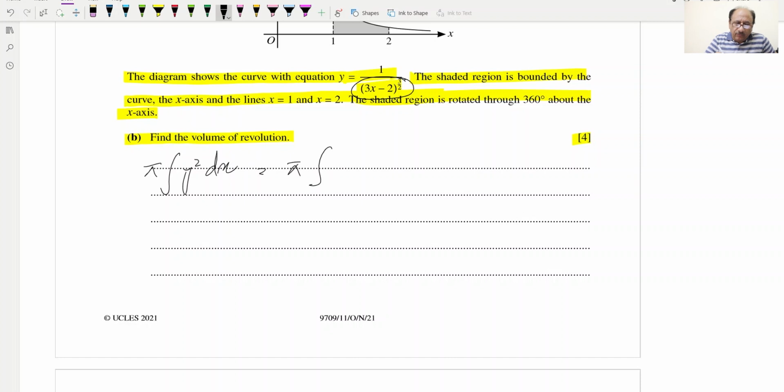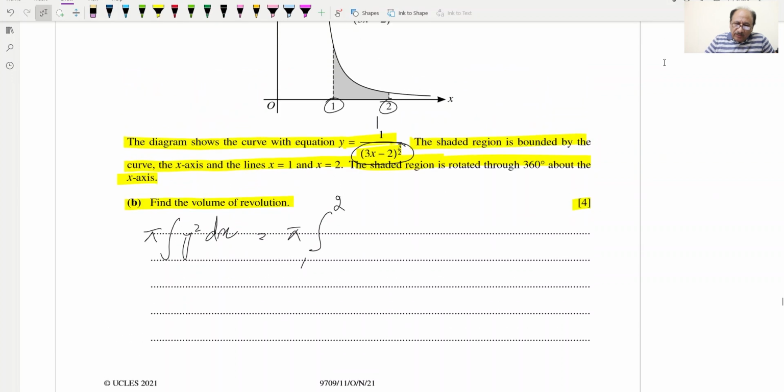The integral will be from 1 to 2, as we can see from the diagram, it is from x value 1 to 2, and then the square of this will be 1 over 3x minus 2 cubed, and this will be squared because it is y squared and dx.